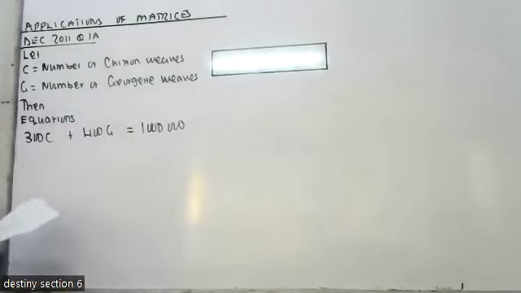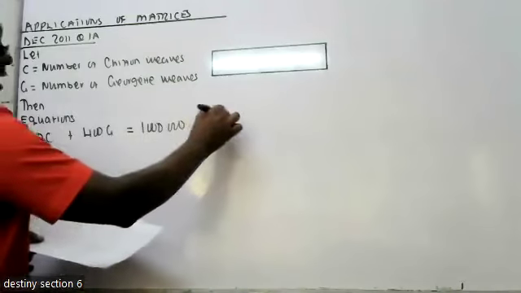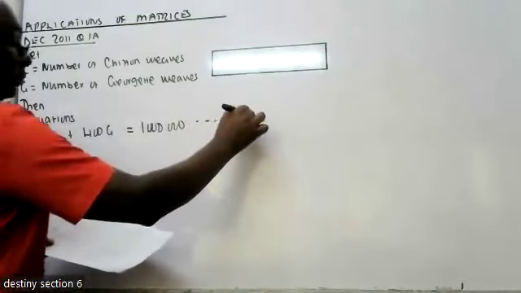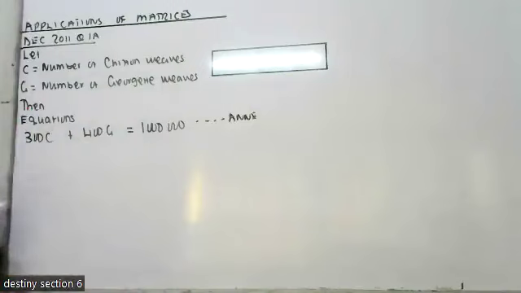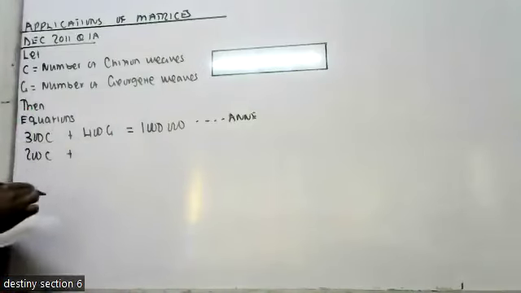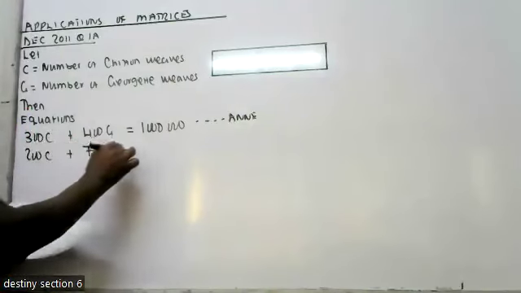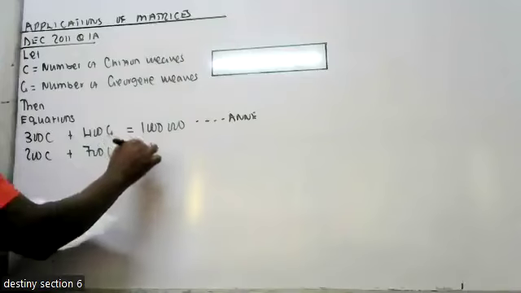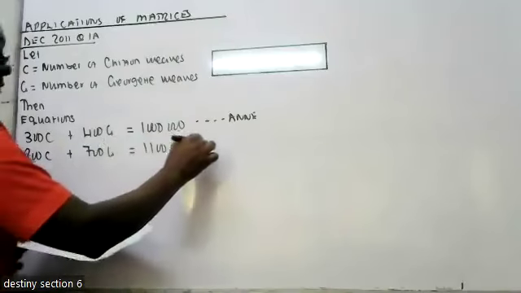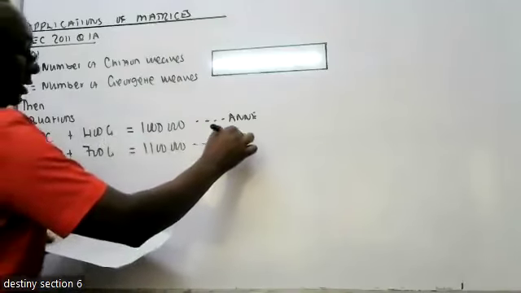That is Anne. This is for Anne. When you come to Terry, she sold 200 chiffons and 700 georgettes, and she went home with 1.1 million. This is Madam Terry.